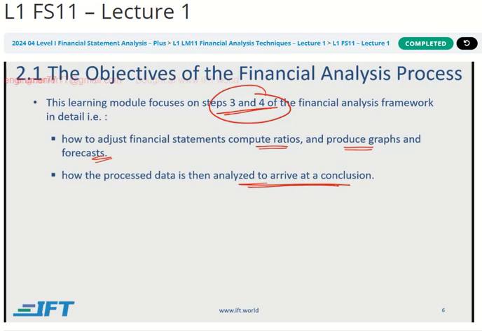Now, there are a few things I want to talk about over here, and we will talk about it again in the following slides. But I just want to give you a heads up so that you know what to expect. See, practically speaking, do we really compute those ratios ourselves? Well, yes and no, depends on the context. You can use service providers like Bloomberg or Thomson Reuters, right, to calculate those ratios for you.